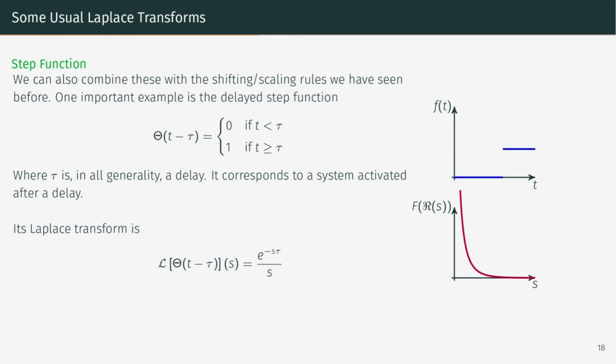Here, tau is, in all generality, a delay. It corresponds to a system that's been activated after a delay. The corresponding Laplace transform of theta of t minus tau equals e to the negative s tau over s. The bottom graph shows how this changes when we graph the Laplace transform for real values of s.